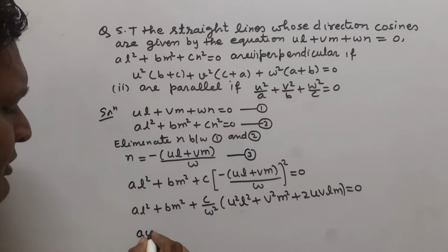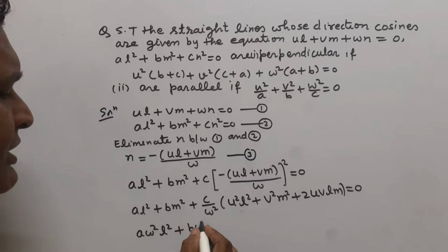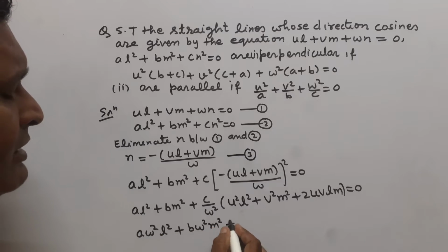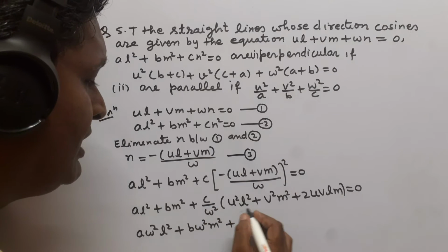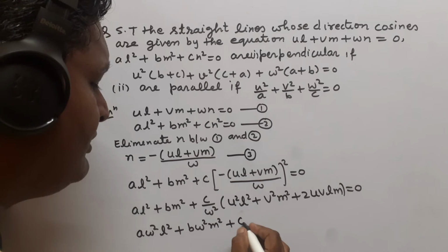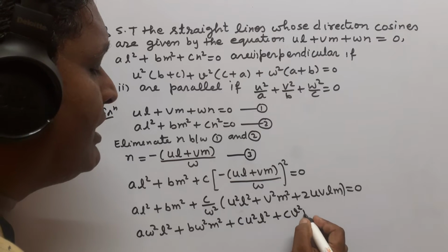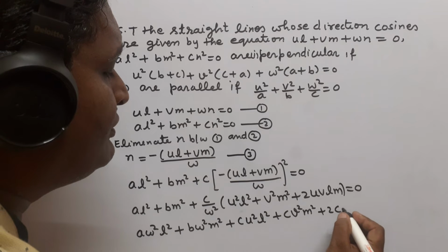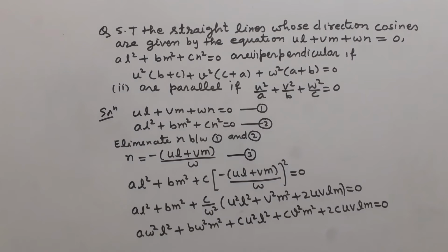So this can be written as aw²l² + bw²m² + c(u²l² + v²m² + 2uvlm) equal to 0.